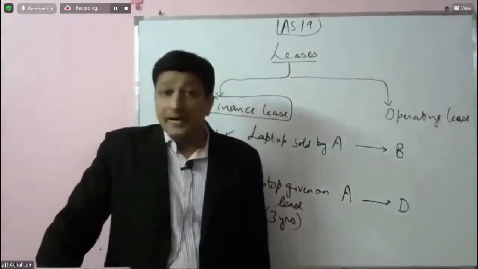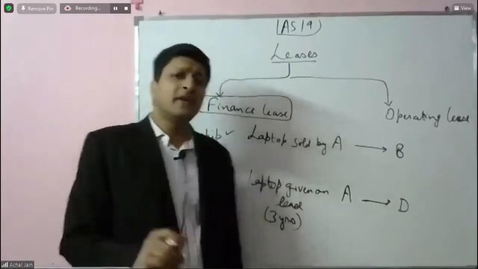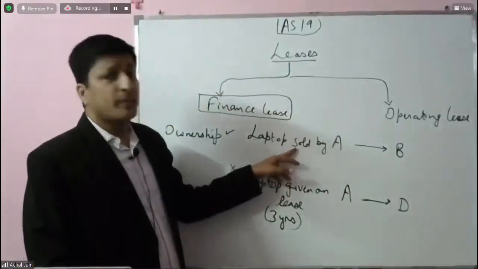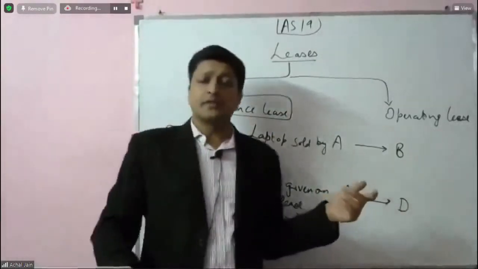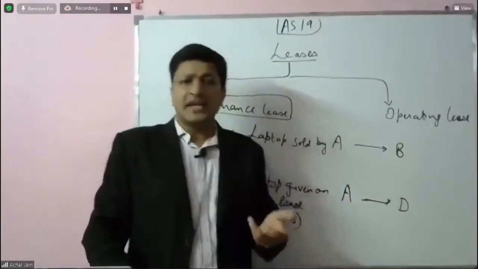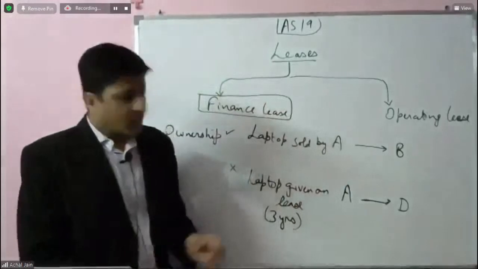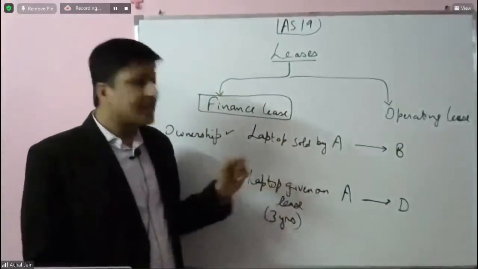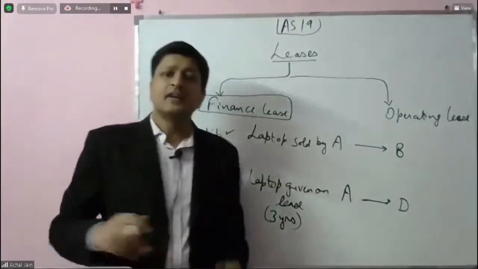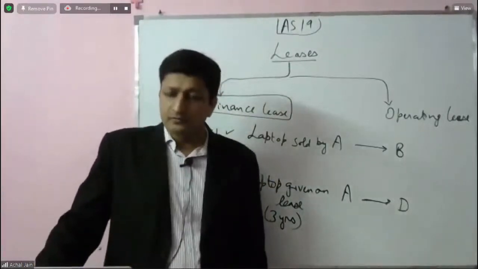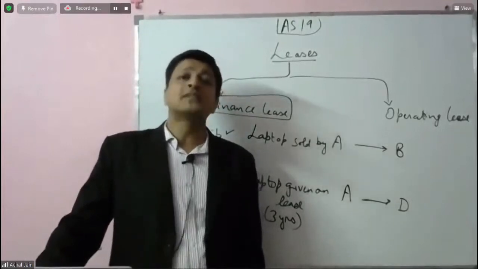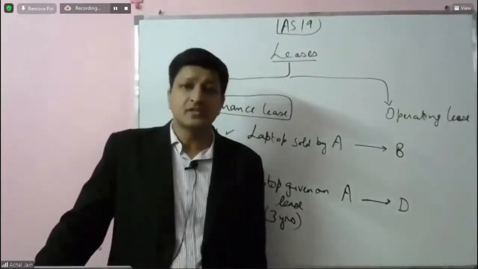The only difference would be that if you purchase this, then you will be required to make a single short payment, which is generally the case in a sale. You will be required to pay everything upfront. But in case of a lease, generally, what will you be required to do? You will be required to pay this money on a monthly basis over a period of 3 years. Correct?